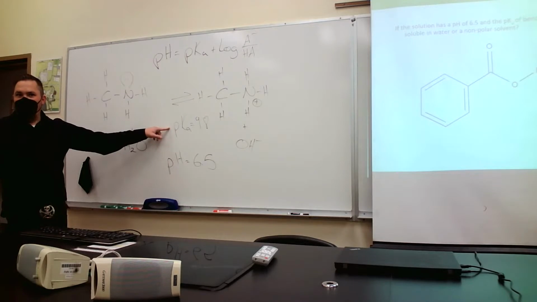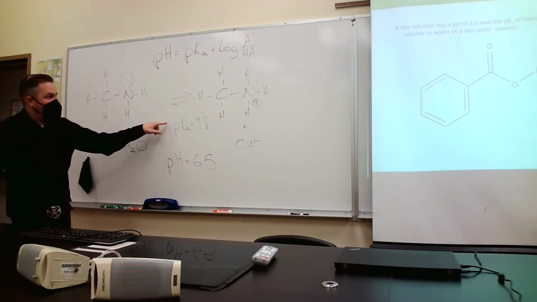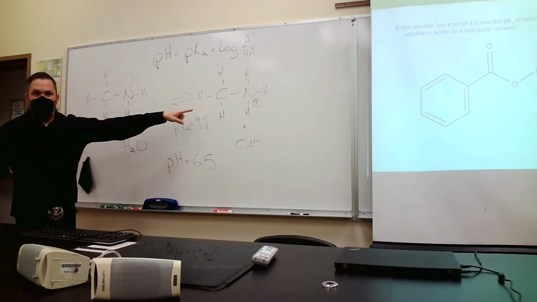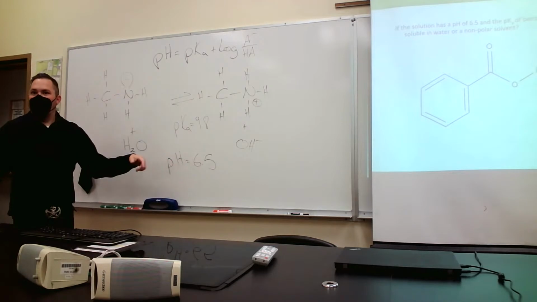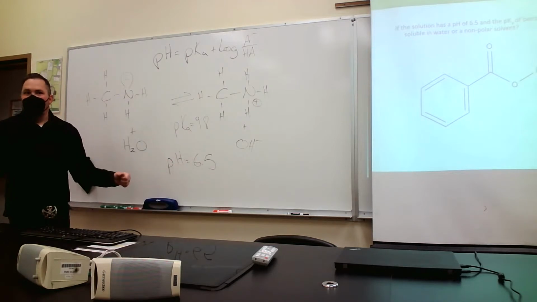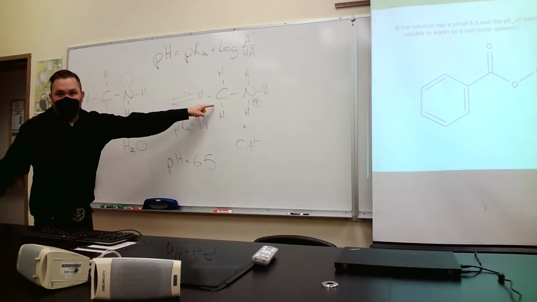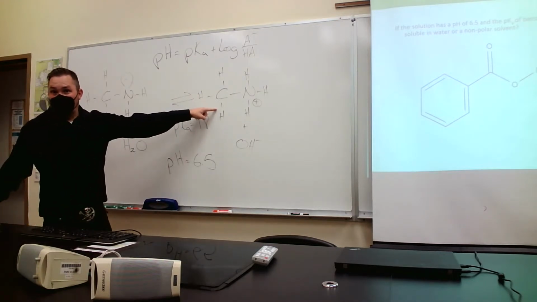So this is our pKa. Non-polar, yeah. This is our pKa. This is where we have equal amounts of these, right? If our pH is lower than that, we're more acidic, which means we're more likely to have the protonated form, which is the charged form.